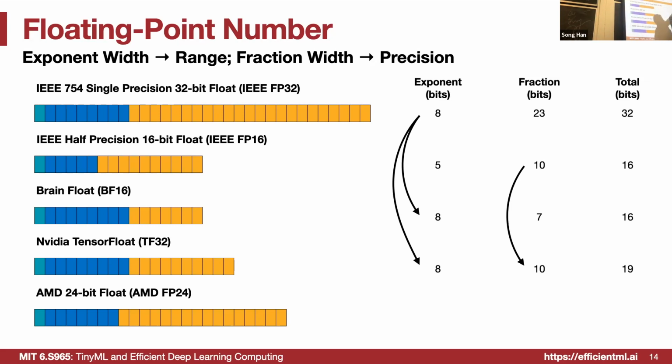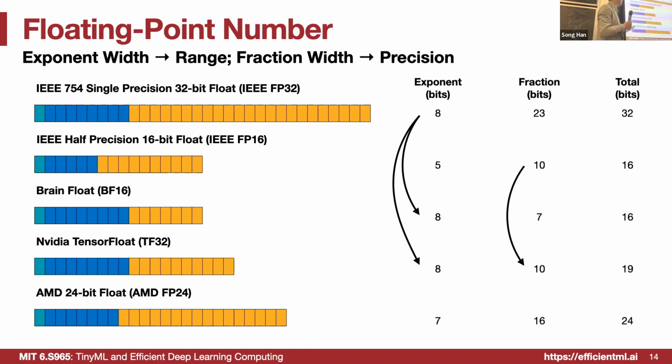So it's using the exponent of FP32 while using the fraction of FP16. It's a good trade-off between the range and the precision. Altogether, it has 19 bits.